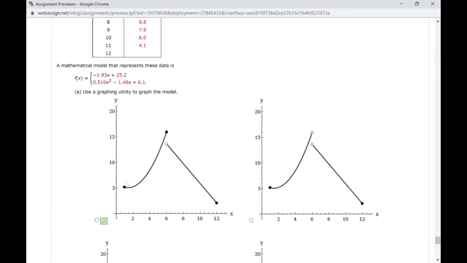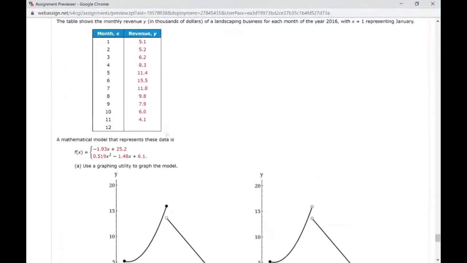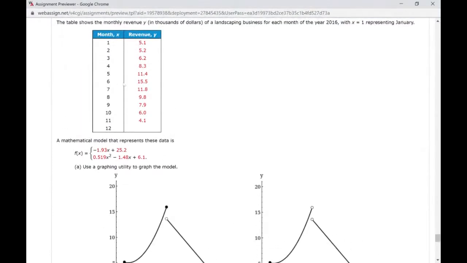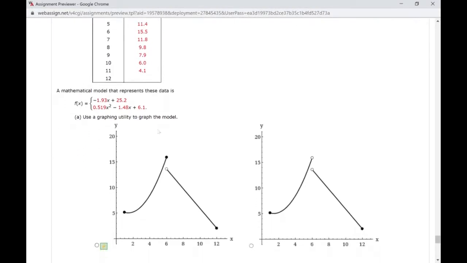The second piece will correspond to this little piece of a U right here. Now you could just plug in 6 to see where it lands. It's probably going to land somewhere up here because even in this table, 6 is at 15.5. Not here. This is below 15 right here.